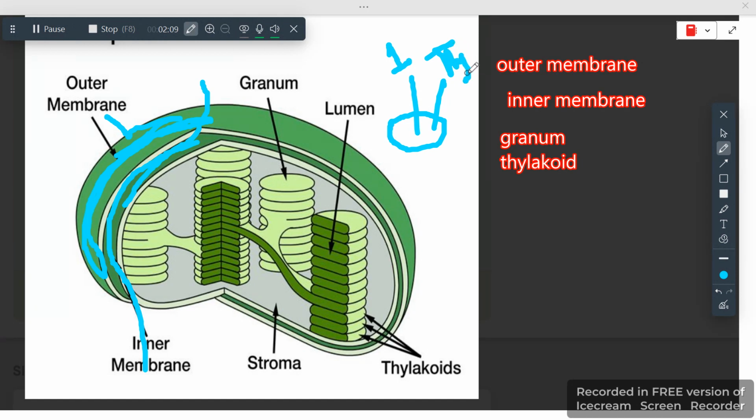When I combine more, two thylakoids, then three, then four, and probably many, could be 25 to 50, and this varies as well, this complete structure you can look at is known as granum.